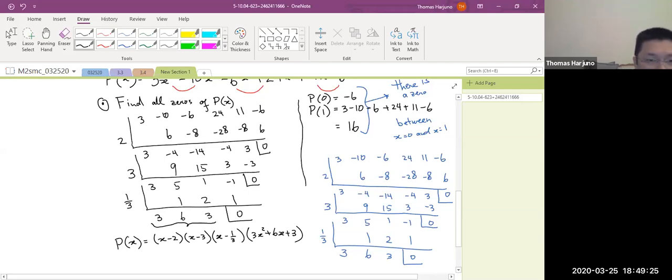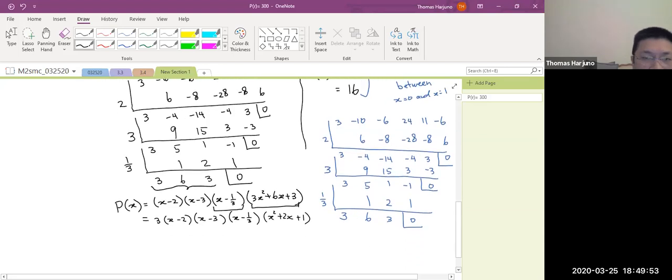Now, let me go on here. I happen to be lucky that I can guess this 1/3 nicely. Let me factor the 3 out first. So 3 times x minus 2, x minus 3, x minus 1/3, x squared plus 2x plus 1, which I hope you see that you can factor directly.